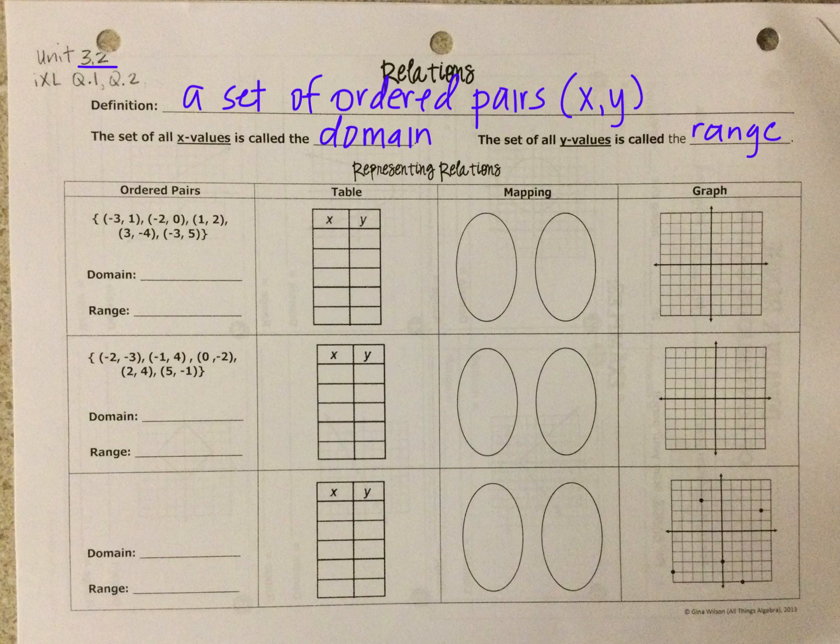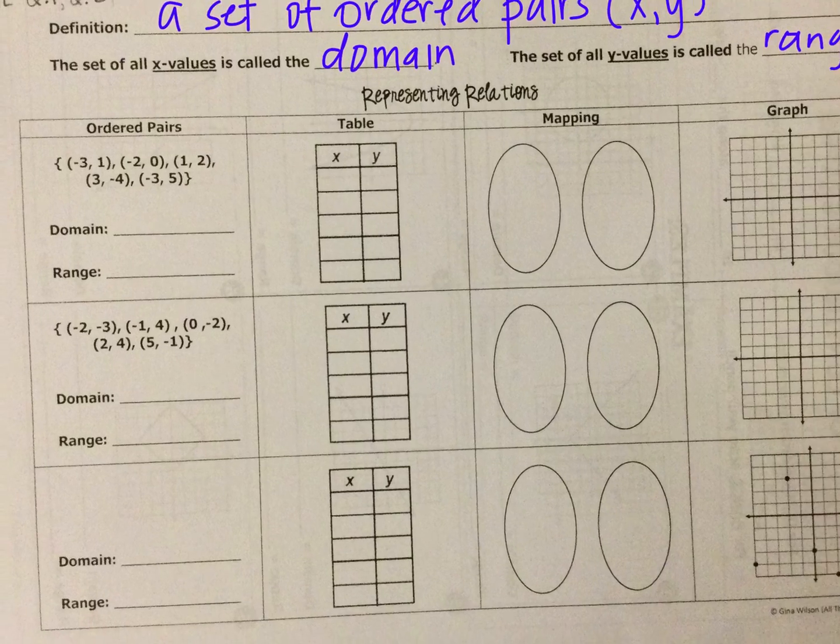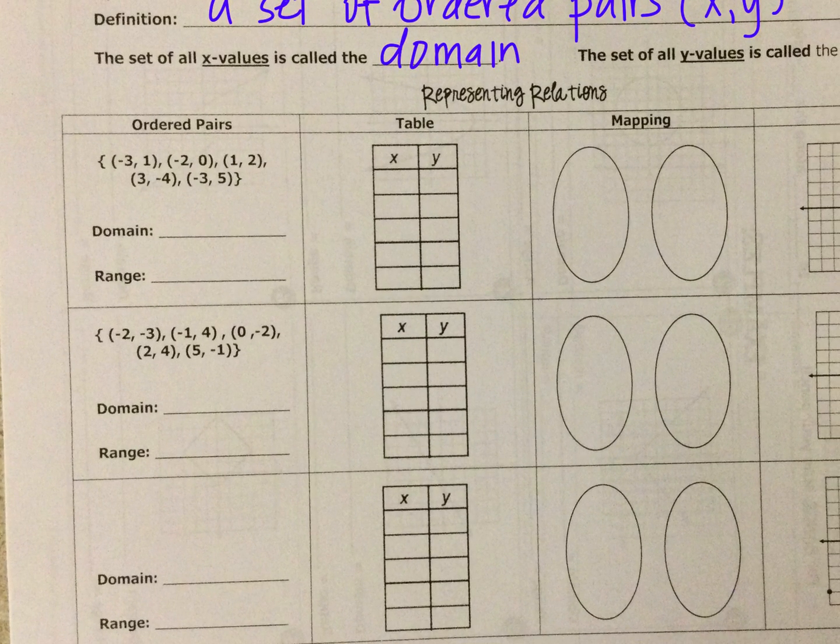So we are going to take all these vocabulary words and this information, and there are some different ways that we can write relations. So first, we can just list our domain and range. This is the ordered pair we're going to be working with. When I'm listing domain and range, the domain is the x, the range is the y, so my first x is a -3, my first y is a 1.